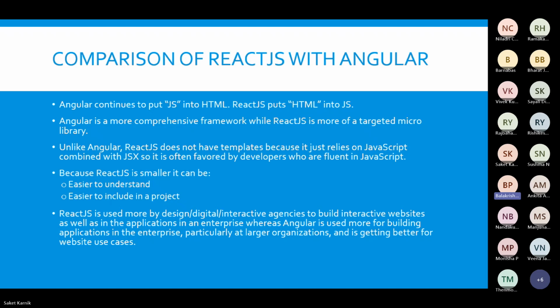So, what would be the challenge in this case with React? React basically is not a complete framework kind of architecture, right? If I say Angular has MVC implemented into it, it does support MVC architecture.